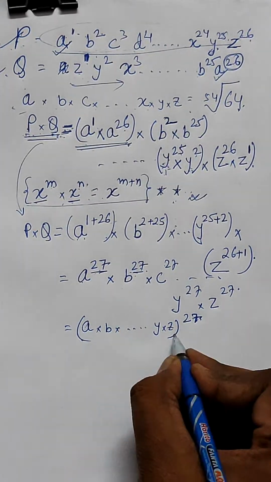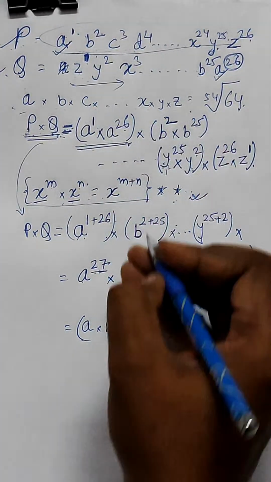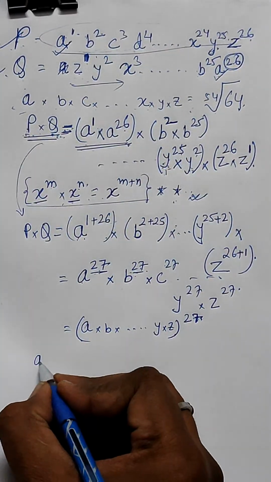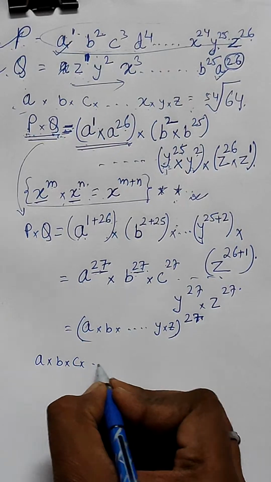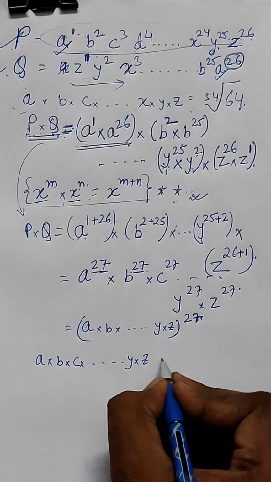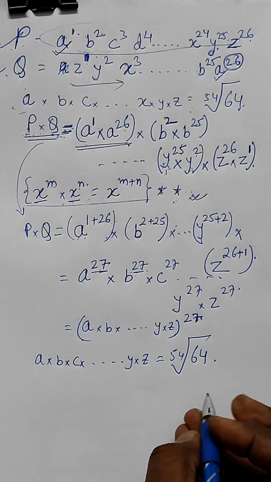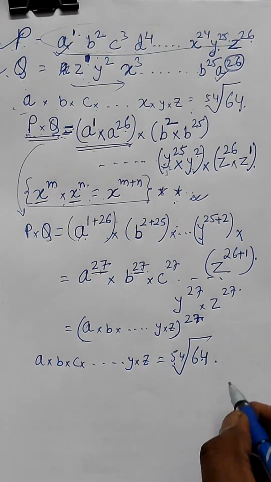As per the data given in the question, a cross b cross c cross dot dot dot y cross z has a value of the 54th root of 64, right? So the 54th root of 64 is given to you.